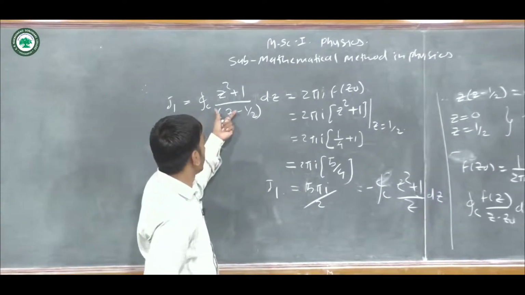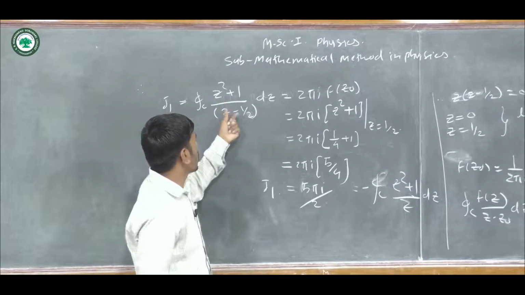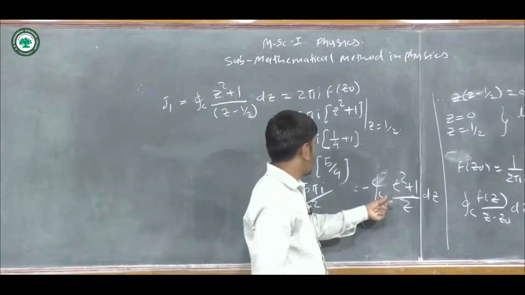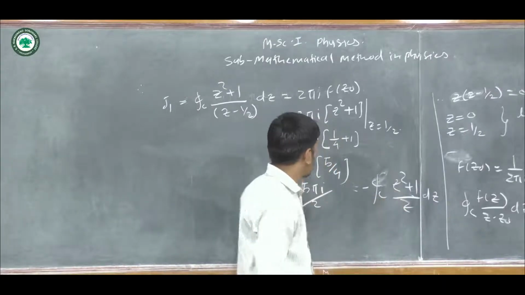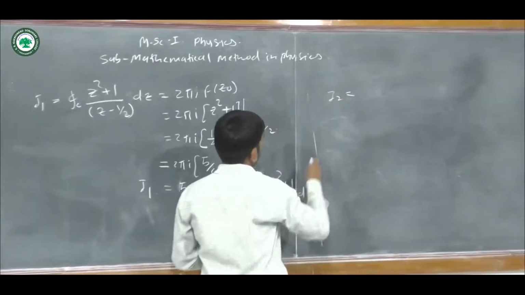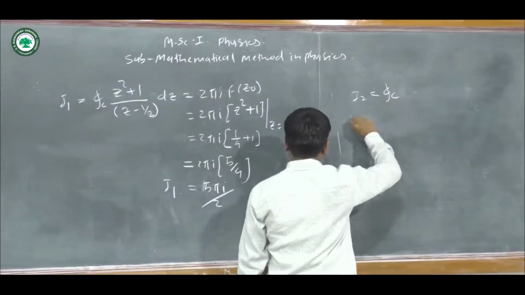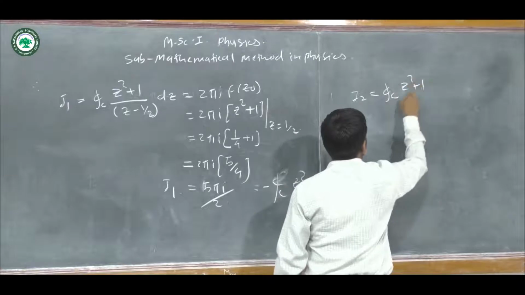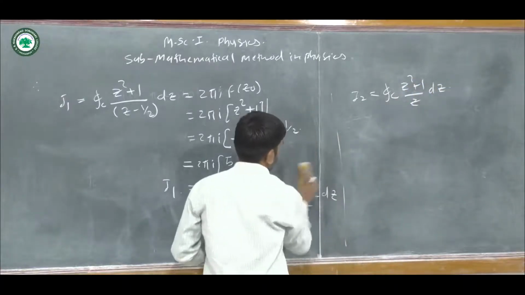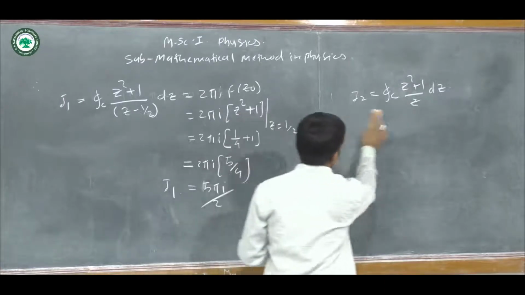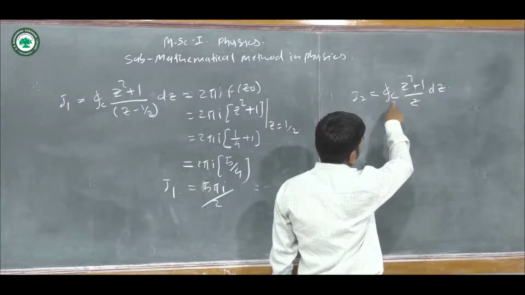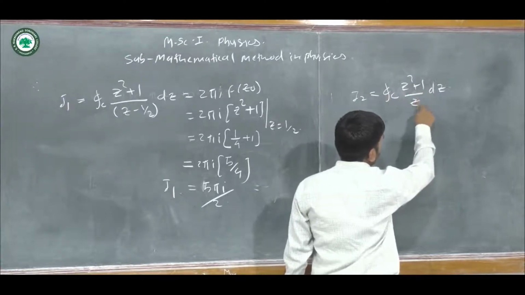We want the integral for the other expression also. So I2 is equal to the closed integral C of z square plus 1 divided by z into dz.